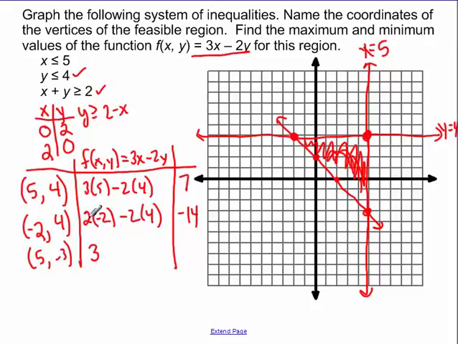Oh, this should be a 3 here, guys. And then when I plug in 5, minus 2 times negative 3, we get 21. So here is where our max value is going to be, and this is where our min value is going to be. Eventually, we're going to be applying this to word problems. That's what we're really doing here.